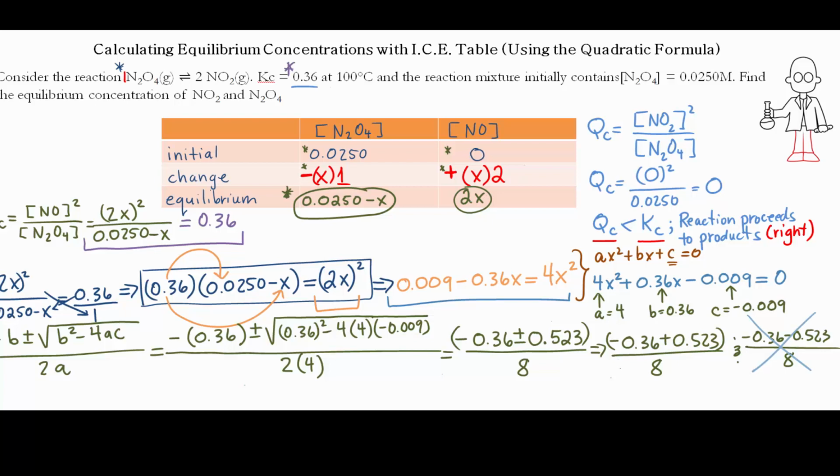So we can exclude that value. And what we would wind up with from this value, when we took a negative 0.36 plus 0.523 and divide by 8, we get 0.0204.